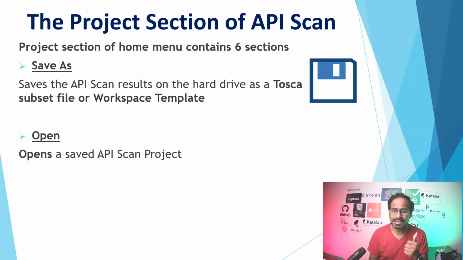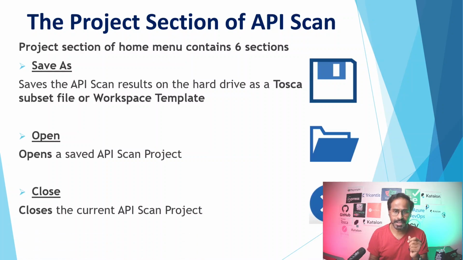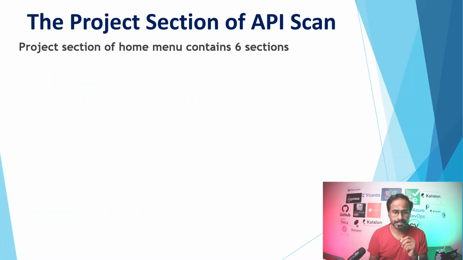The second section is open. By using this function, you can open a saved API scan project. The third function is close. By using this option, it closes the current API scan project.